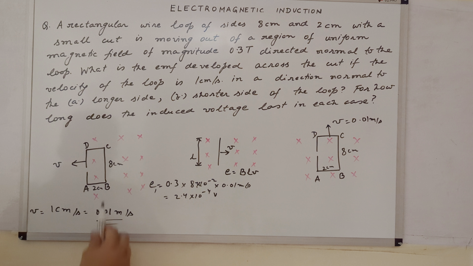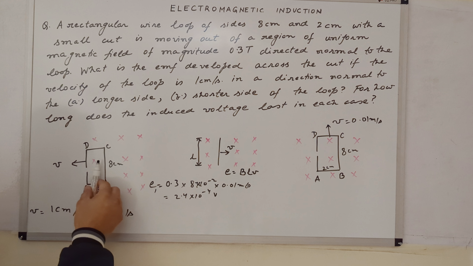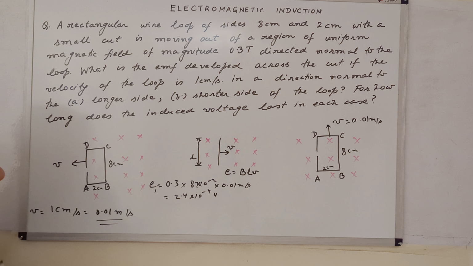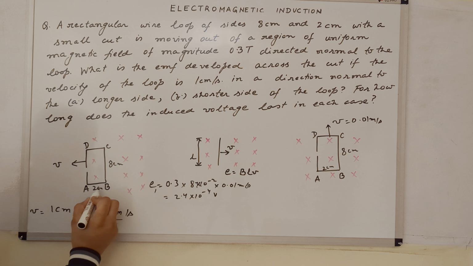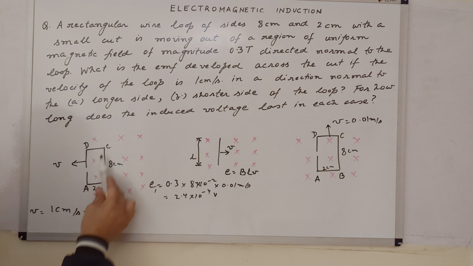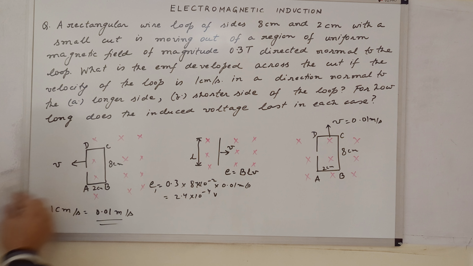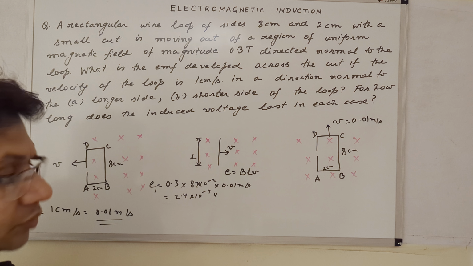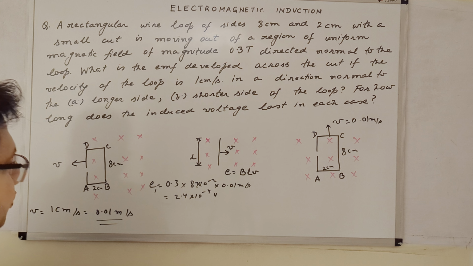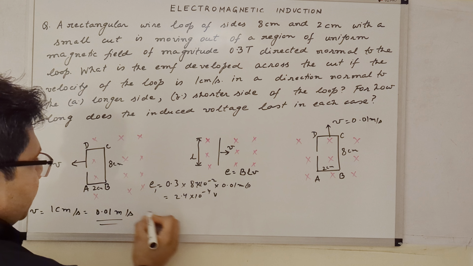At that instant, when it just comes out of the magnetic field, there is no EMF in this part. So this rectangular frame has to move a distance of BA in this direction so that the CB section also comes out of the magnetic field and the EMF becomes 0.